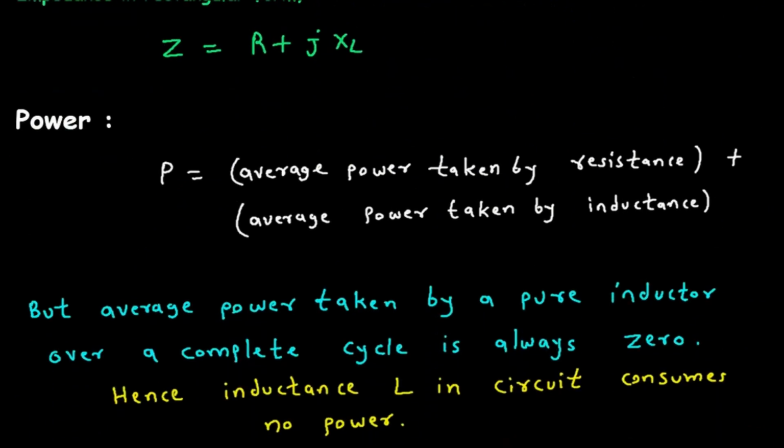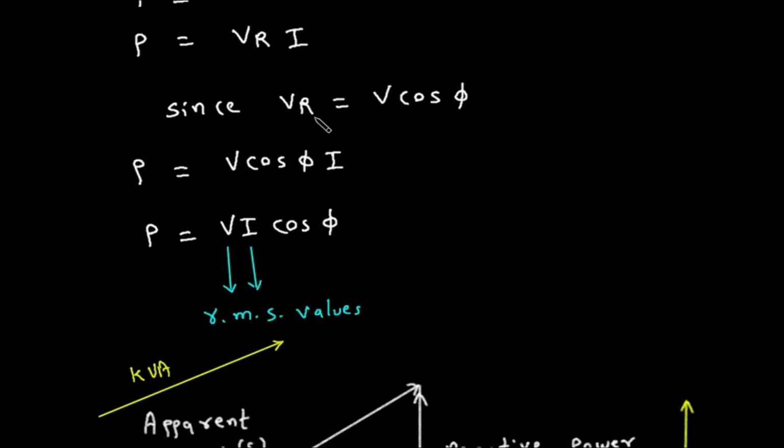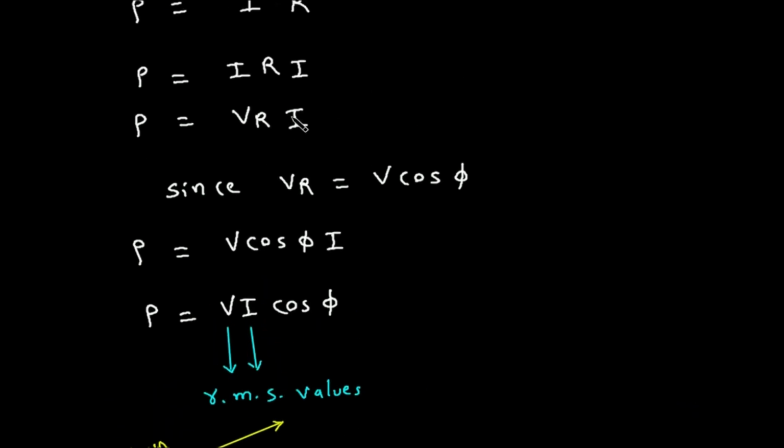We will substitute this value here. Power is equal to V cos phi into I, where I stays as it is and we replace VR by V into cos phi. Now V into I into cos phi is equal to power.